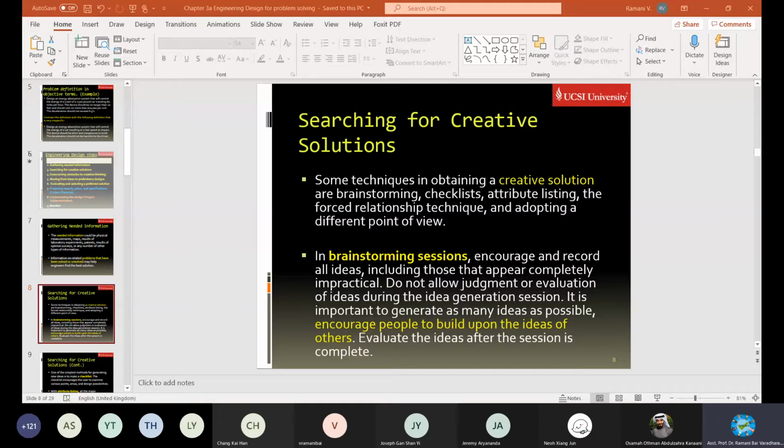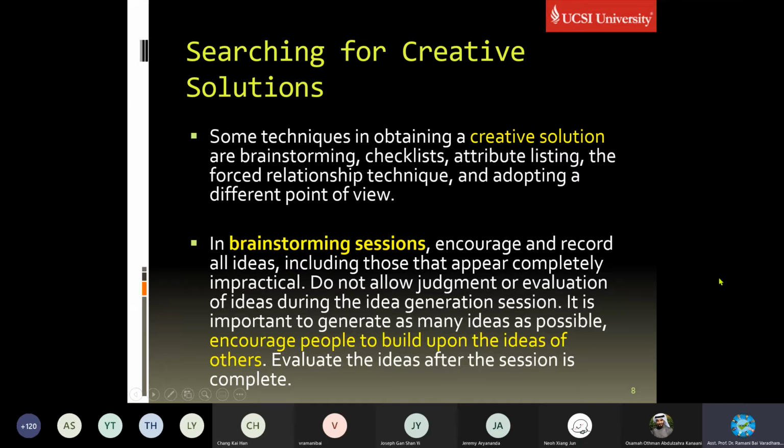In that case, what is he supposed to do? He will be using this technique, attribute listing. He will gather all the data, dependent data: radius, volume, height, size, cross section, diameter, length, breadth, width, everything. But he has to know which variable is directly relevant, and then find out which is dependent, which is independent, which is slightly varying, right? All these things you have to list out. The attributes have to be listed according to importance.